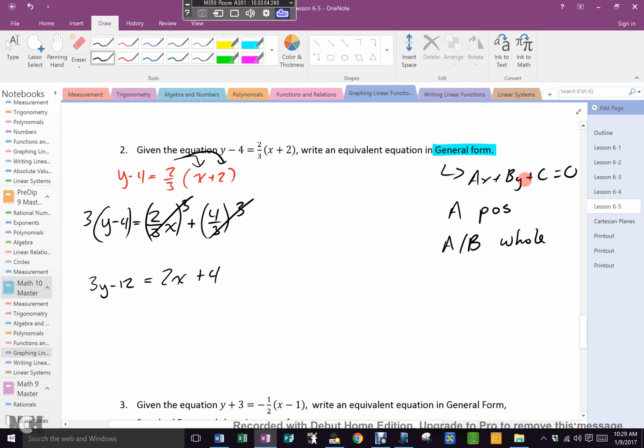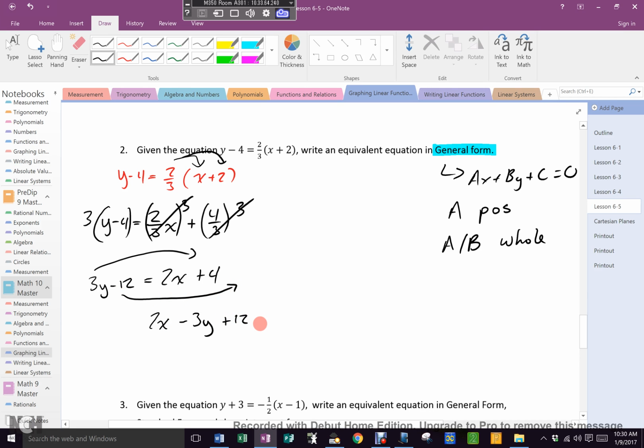Am I almost there? Now what? Should I move the x? Why? Because it's already positive and it's already whole. So x isn't moving. Y is moving. 2x minus 3y. What do I do with this negative 12? Plus 12.